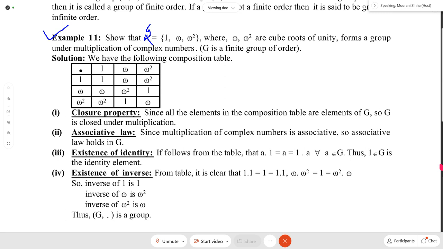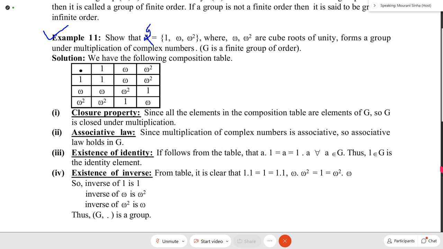Shouldn't we give an example while proving the properties too? This is an example only, no? Already it's given that the cube roots of unity 1, omega, omega square form the set G, and you are showing that under multiplication of complex numbers it is a group.